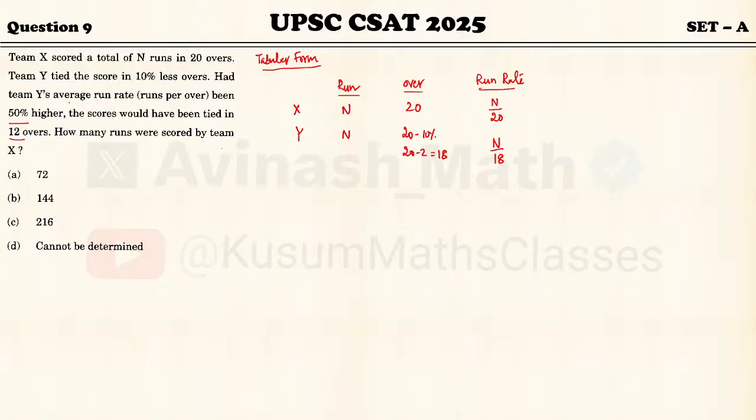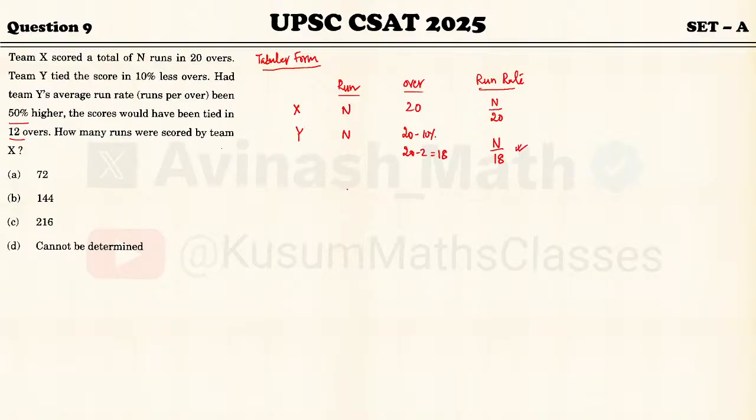Had the team Y average run rate been 50% higher, the score would have been tied in 12 overs. So the run rate of Y is n divided by 18.